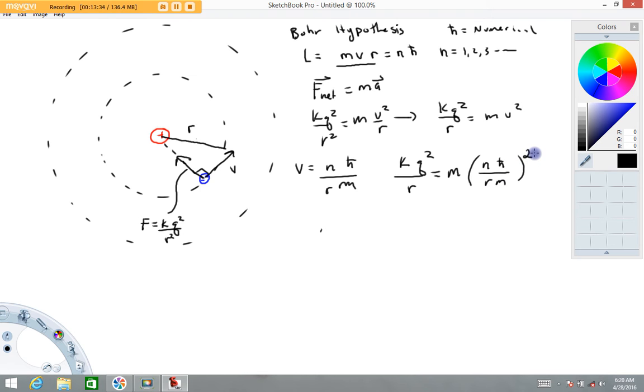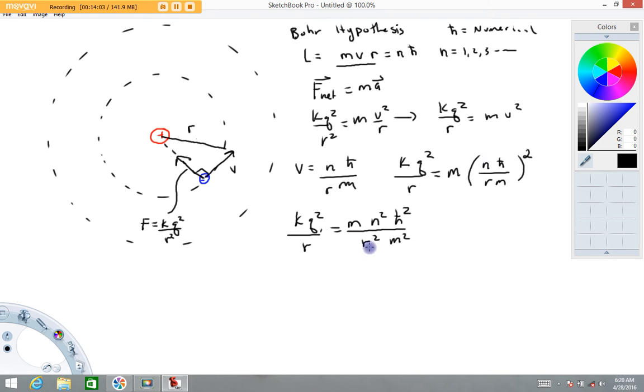Now, what I want to do is solve this equation for r. Let's do this next line. k q squared over r equals m n squared h bar squared over r squared m squared by the time we square all of this.